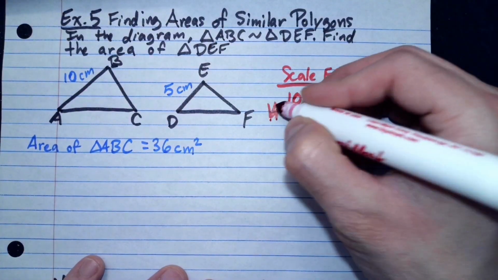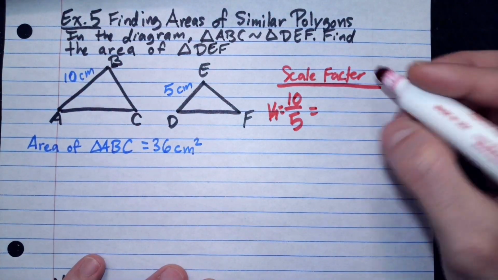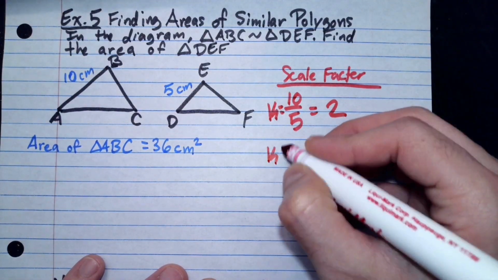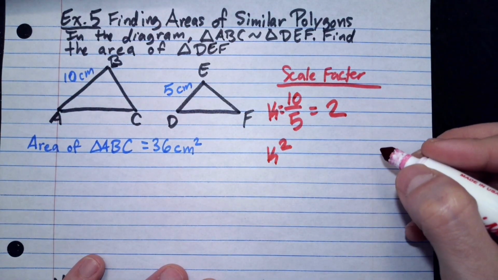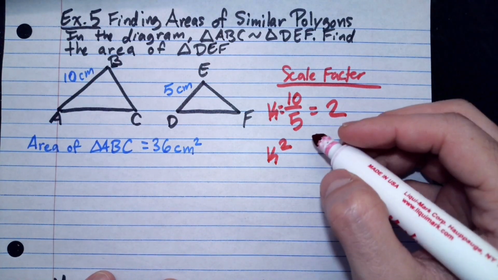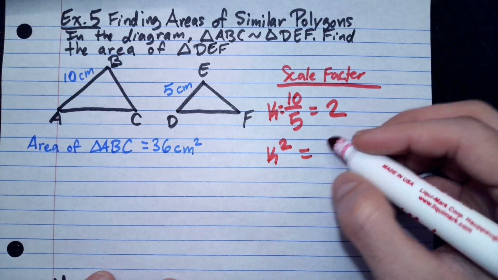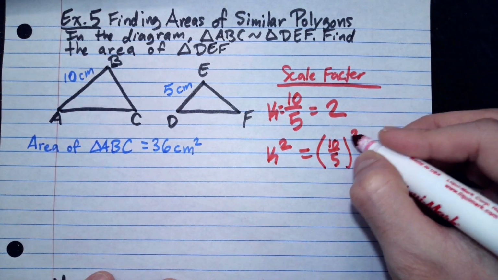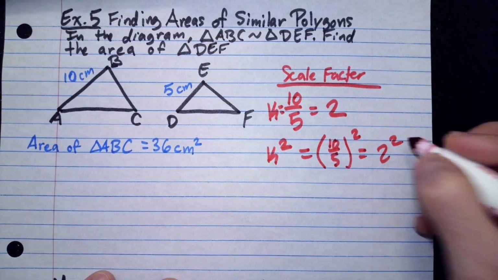So this is going to be k. 10 over 5, we know that is just 2. And we also know that k to the second power is going to be the same thing as 10 over 5 to the second power, which is 2 to the second power.